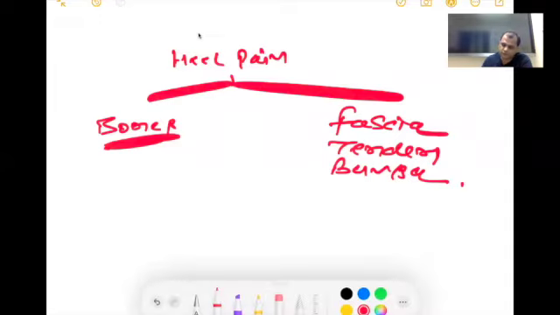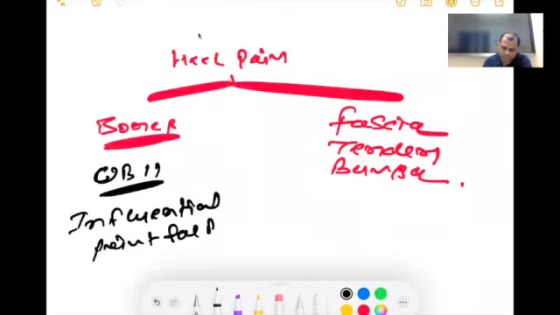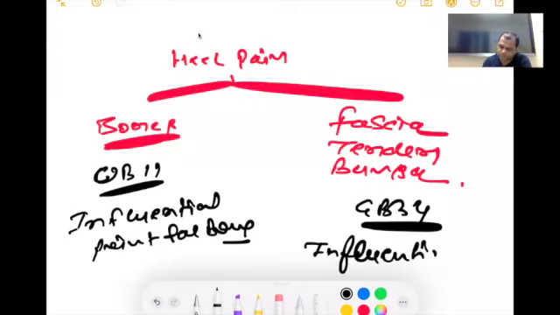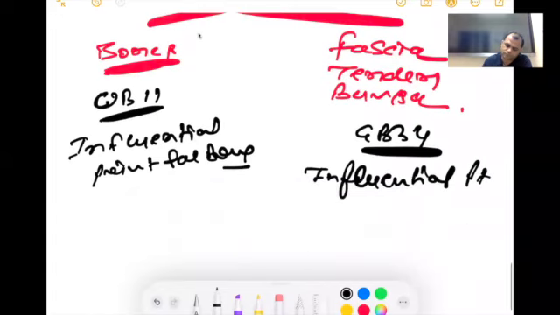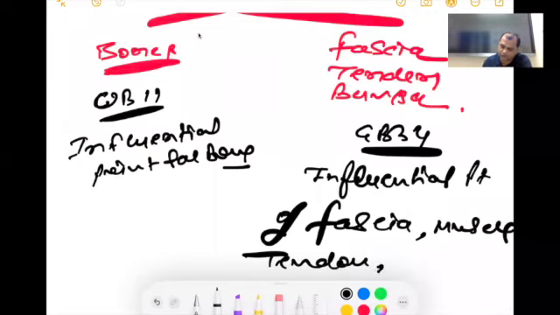So we will take urinary bladder 11, which is the influential point for bone, and we will take the gallbladder 34, which is the most important and influential point of fascia, muscle, tendon, and bursa.